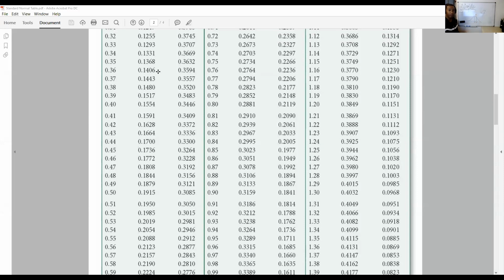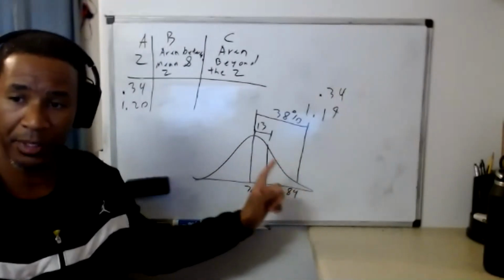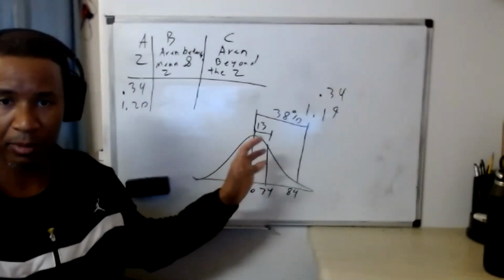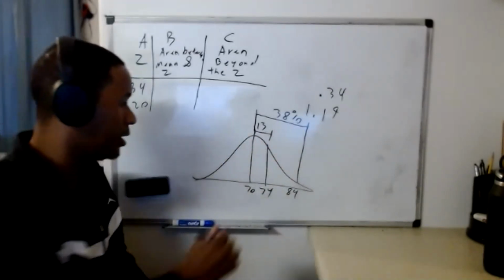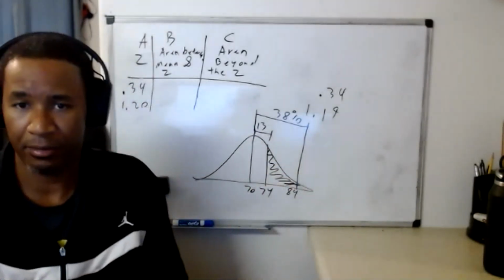And when you look for 1.20, the percentage of respondents who score between 70 and 84 is 38%. So if we just wanted to know the percentage of people who score between 74 and 84, what we need to do is subtract this 13%, and we would have 25%. Okay, 25% of the distribution score between 74 and 84.